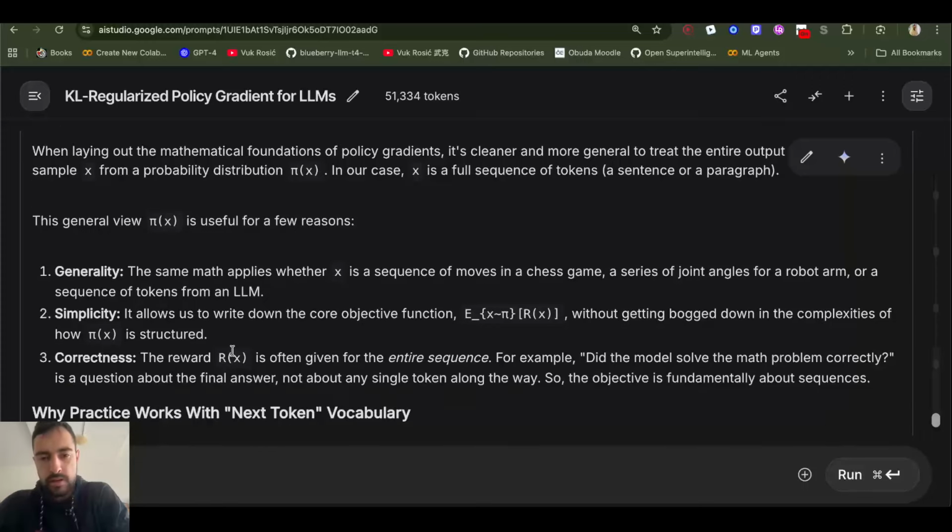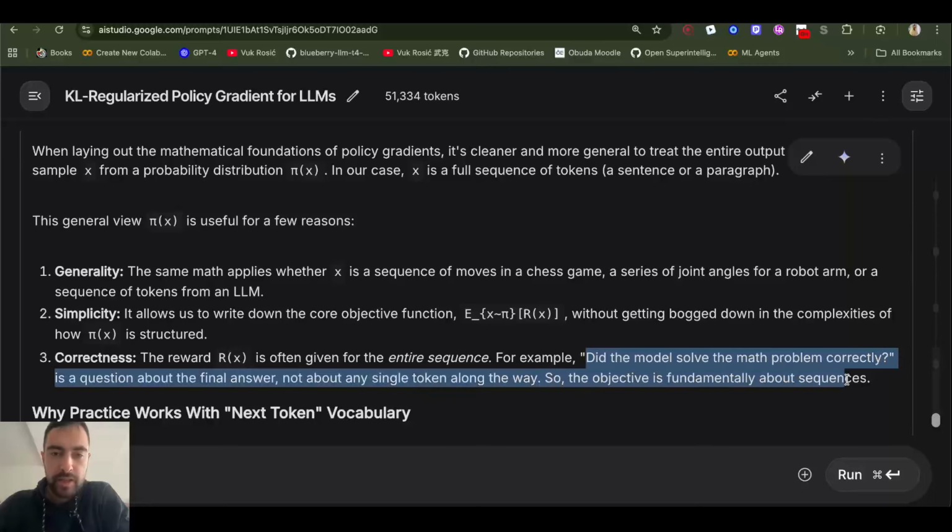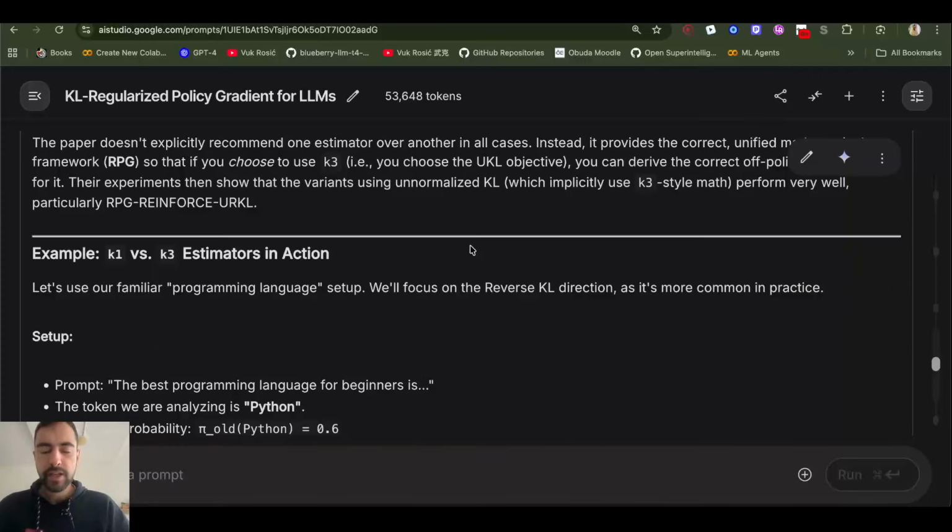So this can be used, for example, if we want to ask, did the model solve the math problem correctly? We just look at the entire sequence as a single thing that has a single probability to happen. We can use estimators to estimate the probability of this sentence or this whole output happening.